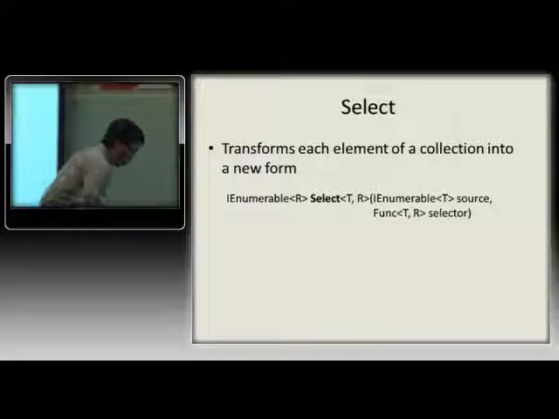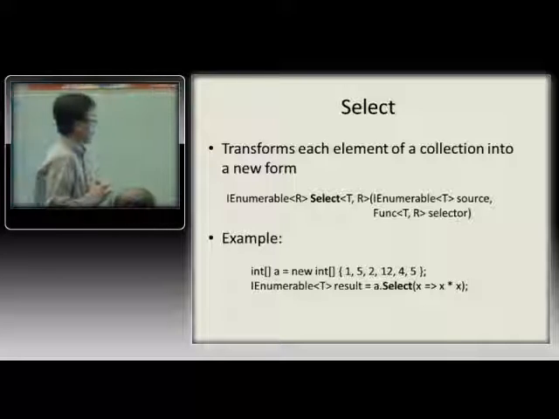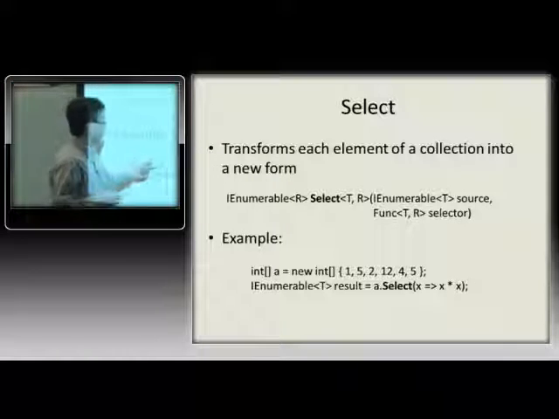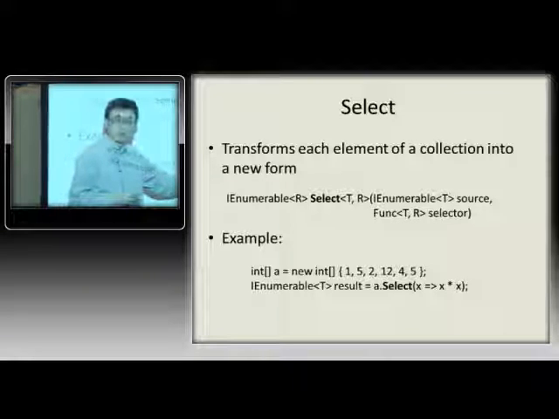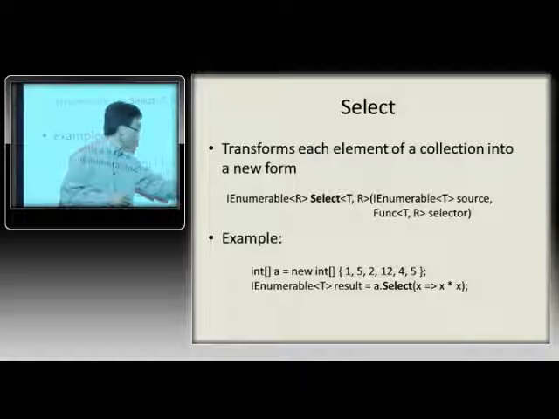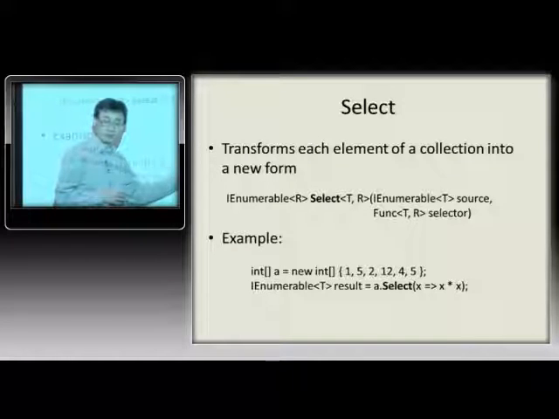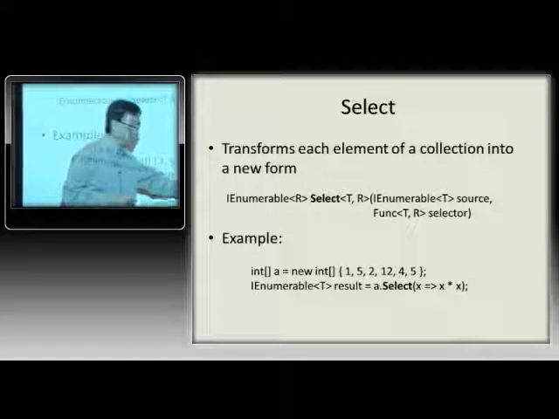And here is a very simple example. I have a collection of integers, and now I'm going to apply this operator because I want to square every element in this collection. So this is how I write it.